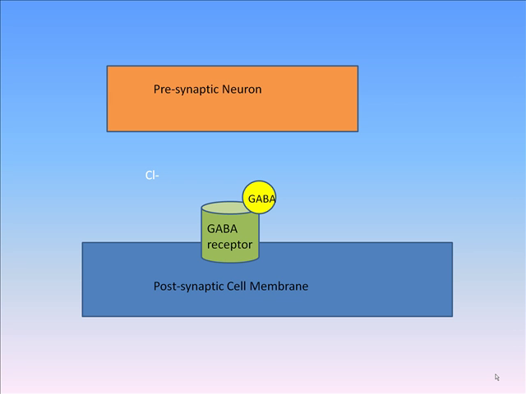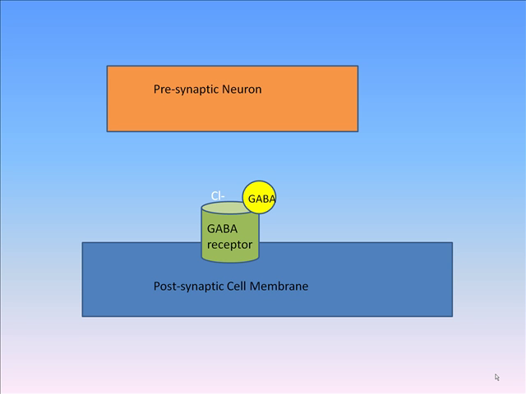Chlorine is part of table salt and added to water in swimming pools to keep them clean because of its bleaching properties. So it's a chemical that people come across in everyday life. The chloride enters the postsynaptic neuron and makes it negatively charged on the inside.